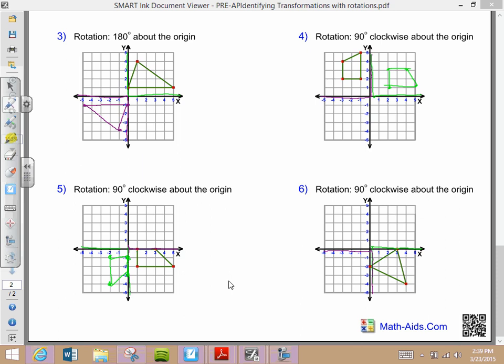So, should be right here. Should be right there. 4 and 4. There you go. And you won't have any extra homework other than what I already told you to find the coordinates. So, you're welcome.